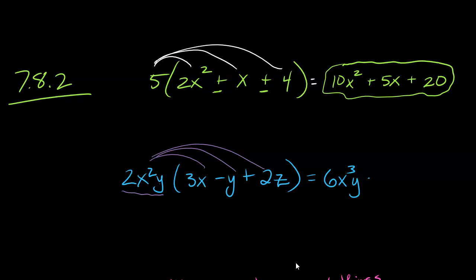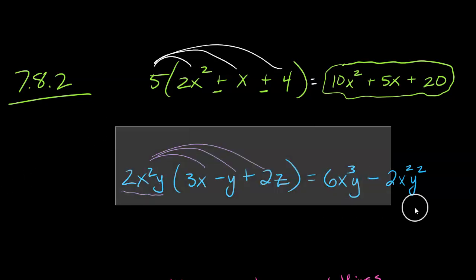The minus sign was here. There still would be a minus sign because there was nothing to change that. And then I'm basically only taking a single y times 2x squared y. So the only thing that's going to change is my y to the first times y to the first would make y squared. So I'm going to have 2x squared y squared.